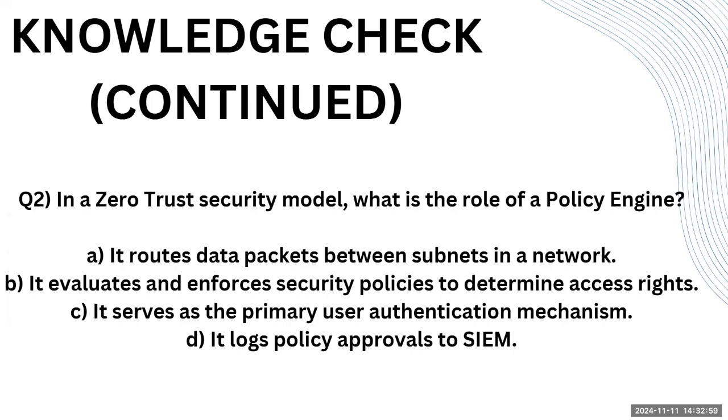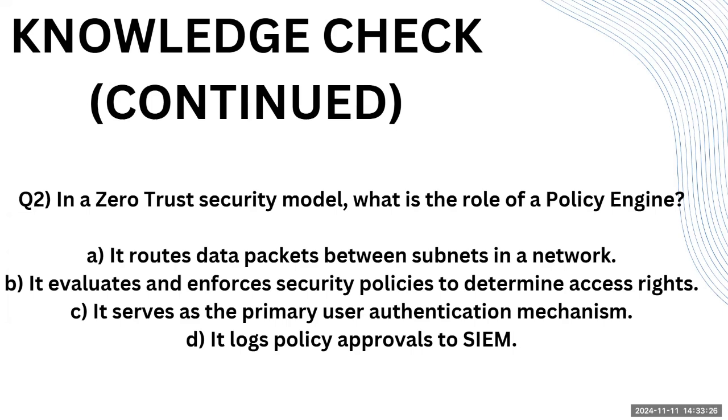Exactly. To put it simply, the policy enforcement point carries out the action. The policy engine is the one that carries out the company policy, right? Yeah. Maybe the word is a bit misleading. I agree with you.